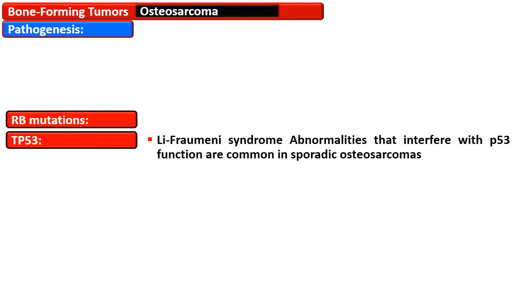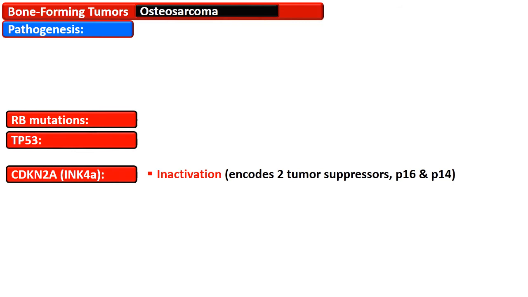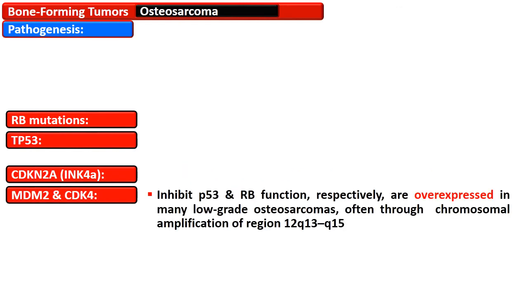Then the TP53 gene is also present in germline mutation and is a component of Li-Fraumeni syndrome, and it is also common in sporadic osteosarcoma. CDKN2A, also termed INK4A, encodes two tumor suppressors, P16 and P14, and if it is inactivated, it is also associated with osteosarcoma.